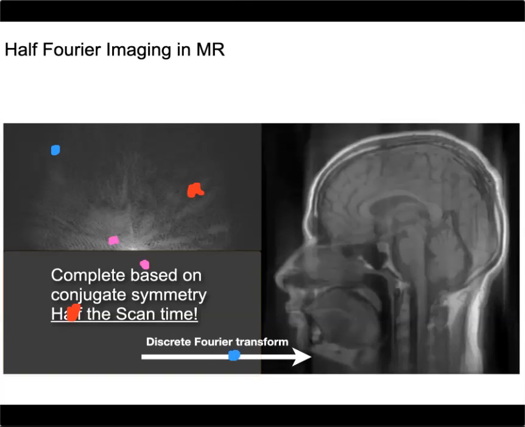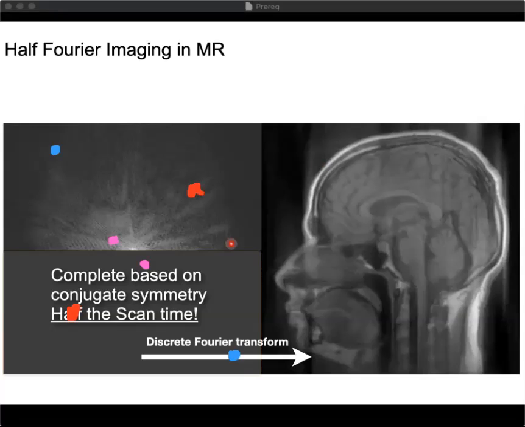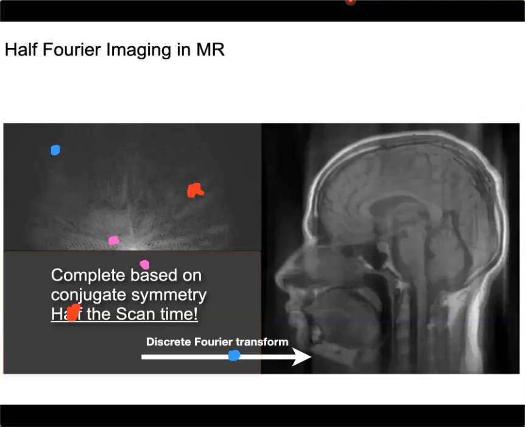In fact, I told you though that MR images are not real, but they sometimes can be approximately real, and that's another detail. But what you could do, perhaps, in the case when it's not real, is collect a little bit more of the frequency domain. So collect also this part, for example, and not the rest.